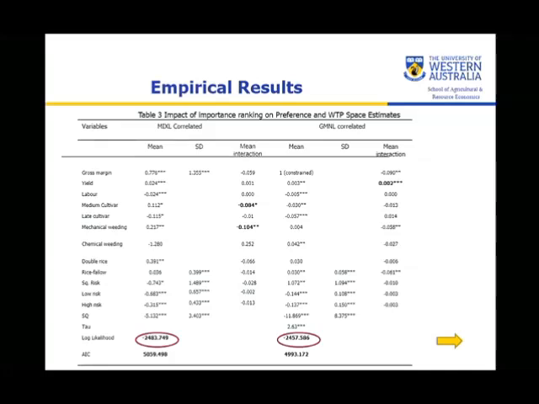When you also consider the WTP space model, you realize that it's only yield that also behaves consistently with the model without the attribute importance data. So it's a bit quite surprising.